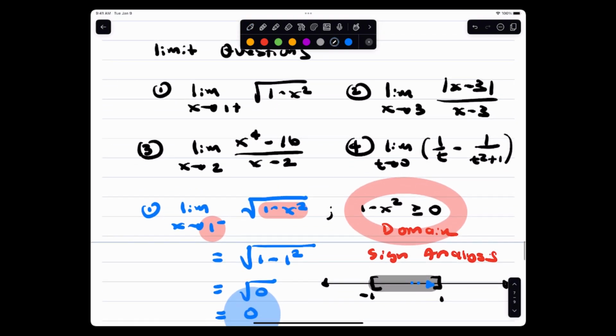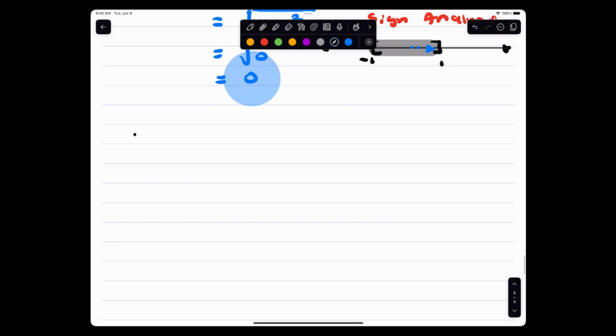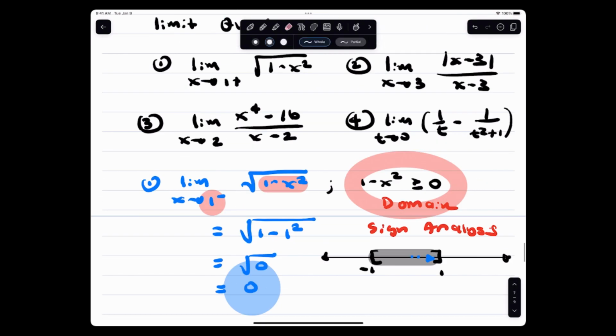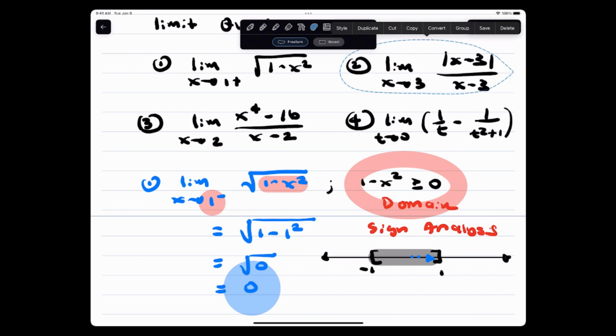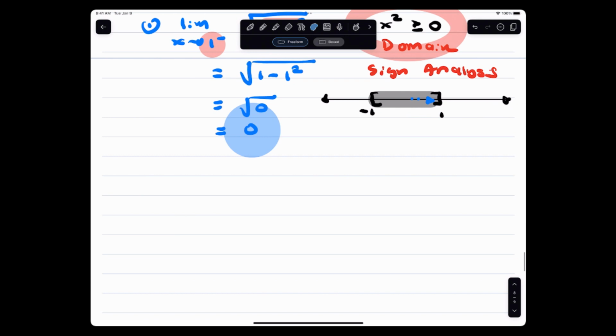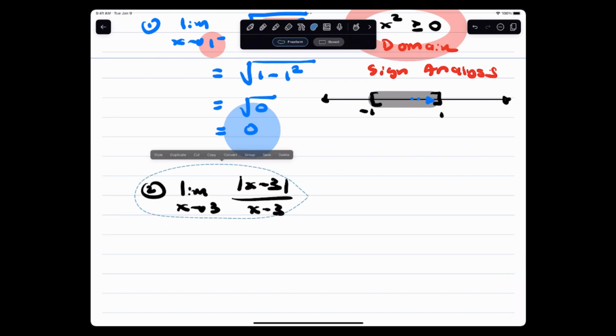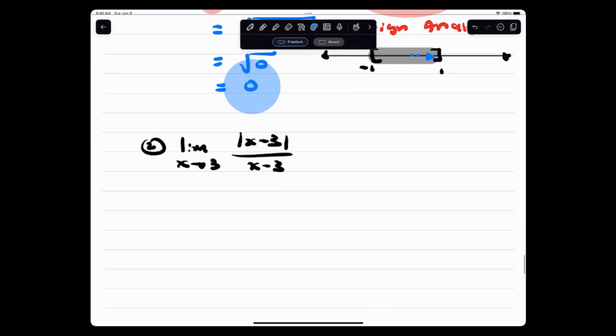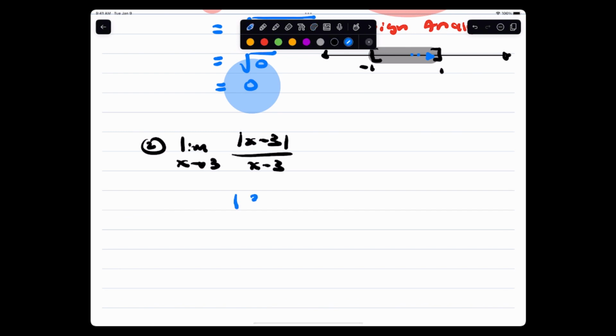Number 2, though, I really want to do number 2. This is kind of where we left off, in all honesty. So if you try to apply direct substitution, you take the absolute value of 3 minus 3, and then that's over 3 minus 3.